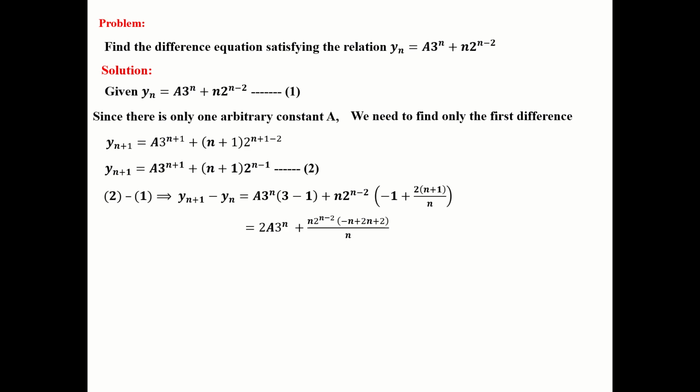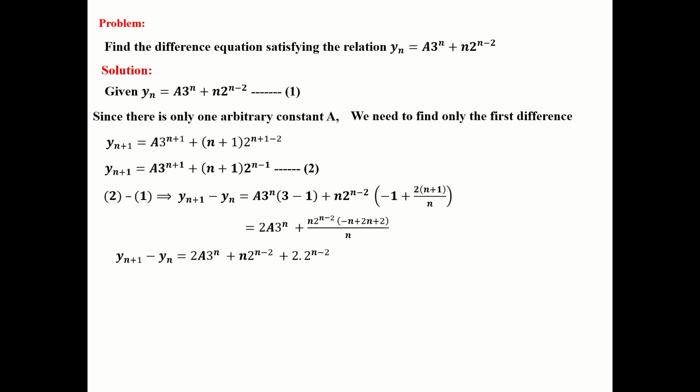Taking LCM inside, minus 1 into n minus n plus 2n plus 2, multiplying with 2, 2 into n, 2 into 1, whole divided by n. Therefore yn plus 1 minus yn equals 2 a 3 power n plus n into 2 power n minus 2 plus 2 into 2 power n minus 2.